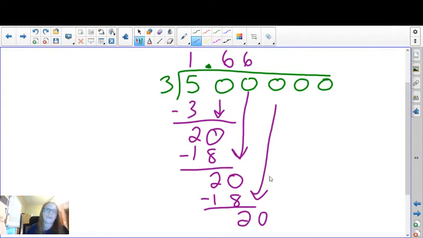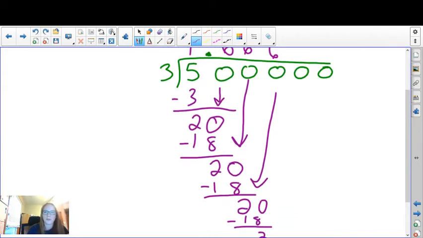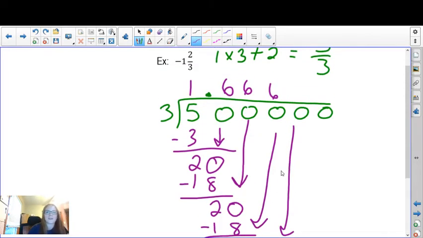If you start seeing this pattern, I can keep going and going. I'll do 6 again and it gives me 18, which gives me 2, which gives me another 0, which means I get another 6. I'm never going to change that.